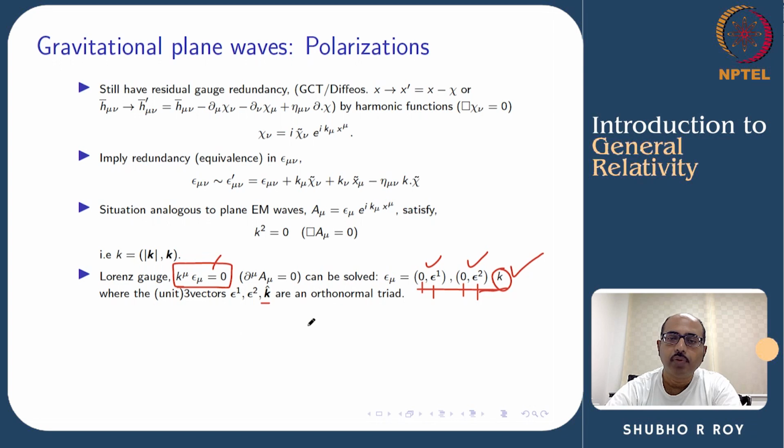We will take epsilon 1, epsilon 2, and k hat to form an orthonormal triad. You don't have to do this. We can take two spatial vectors which are both orthogonal to k hat, but in addition, I'm imposing the condition that they are also orthogonal to each other. I can always do that by choosing a right basis.